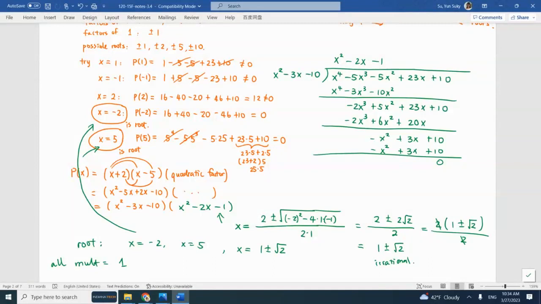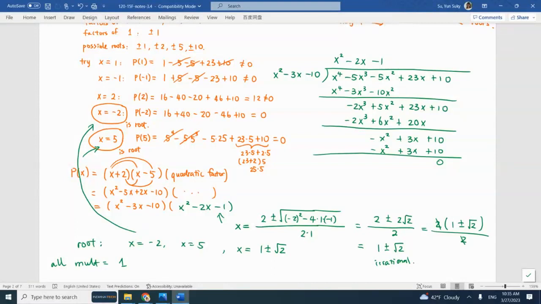And sometimes it might happen that your polynomial is like (x minus 1) cubed times (2x plus 1). Yes, it has all rational roots, but this rational root has multiplicity 3. Using the rational root theorem, you can only see x minus 1 and 2x plus 1, so you only get 2 roots.